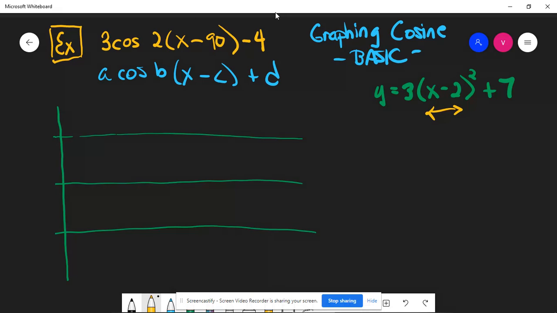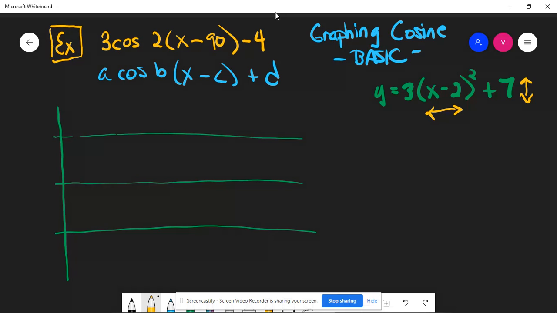In this case, it will be right by 2. This over here on the side was your vertical shift, just like over here. The D is your vertical shift up or down. And this number 3 in front did a stretch or a compression. Okay, so the amplitude is similar to that. It will make your graph either higher or lower.